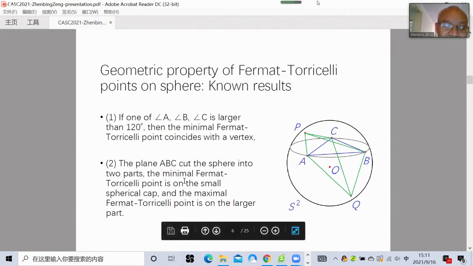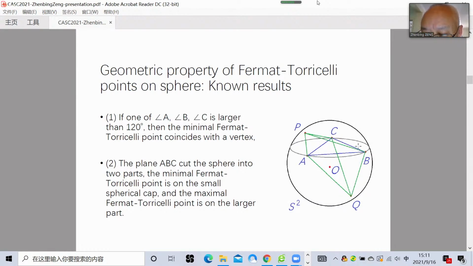This is one known result. Another one is if we draw a plane through these 3 points, A, B, C, then the plane will cut the sphere into 2 spherical caps.